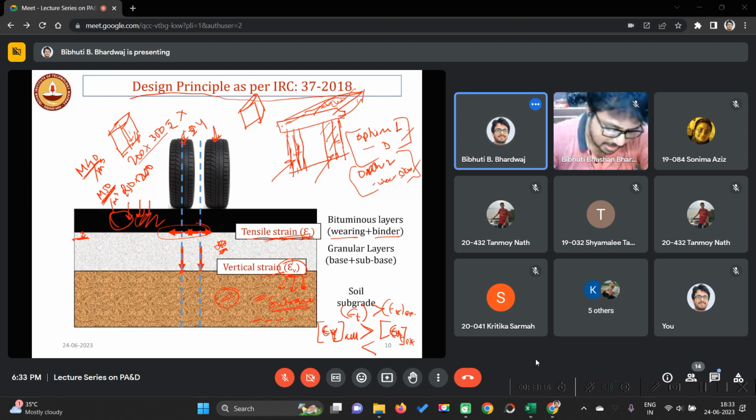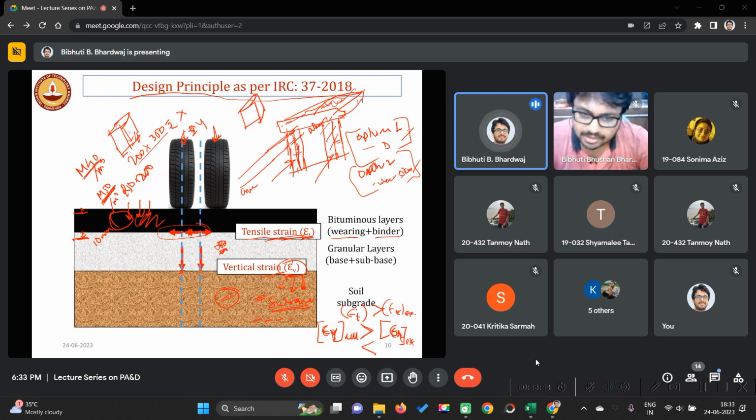But here, if you reduce the thickness of one layer by, say, 10 mm, which is 1 centimeter, then imagine this layer runs throughout the road. Say this road runs from Guwahati to Nagaon, which is around 100 kilometers.